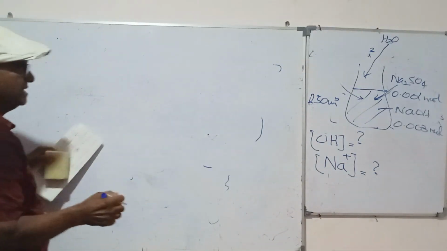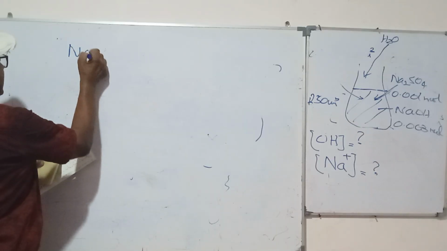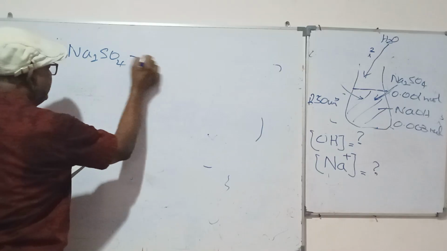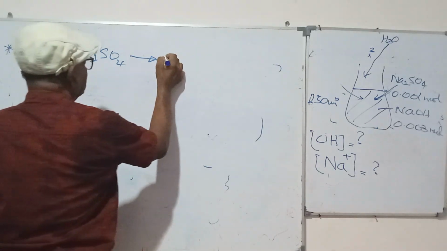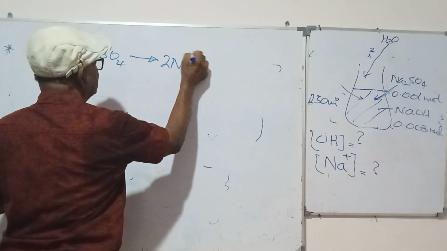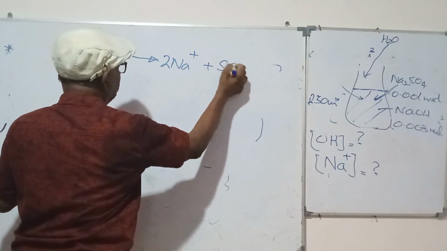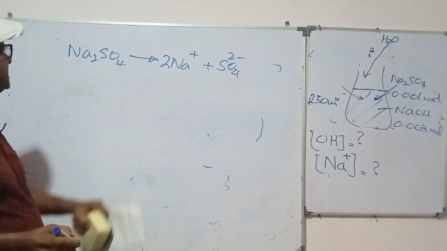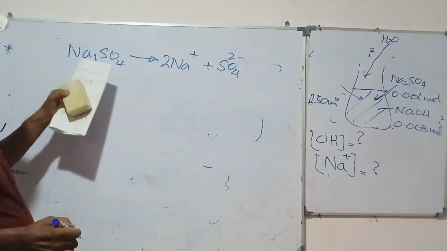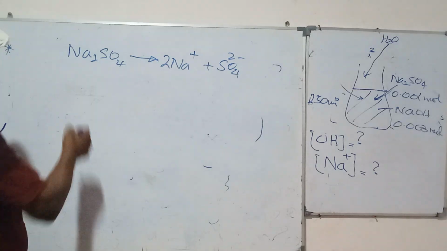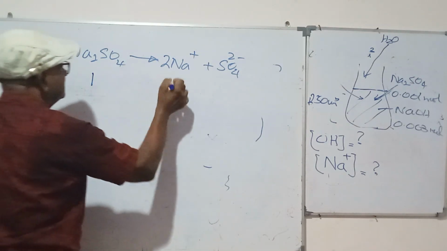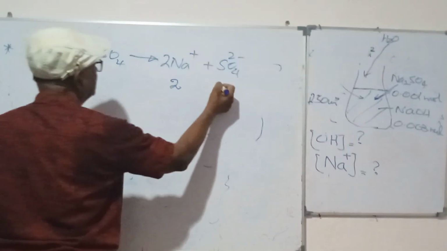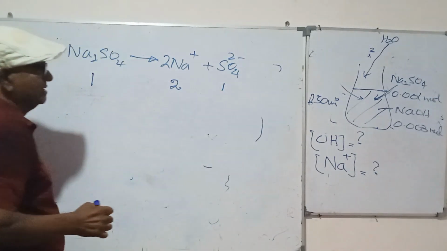Consider the final solution. Na2SO4 ionizes to 2Na plus and SO4 2 minus. These ions are present for the Na2SO4. One mole ionizes to give 2 moles of Na plus and 1 mole of SO4.